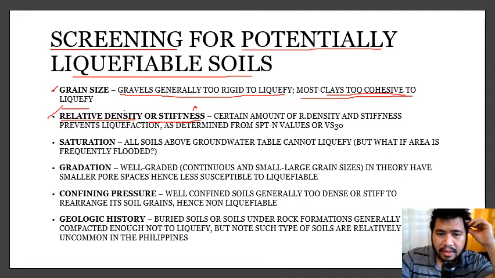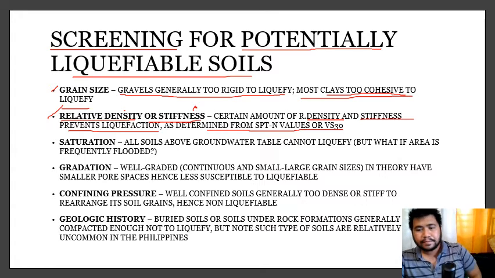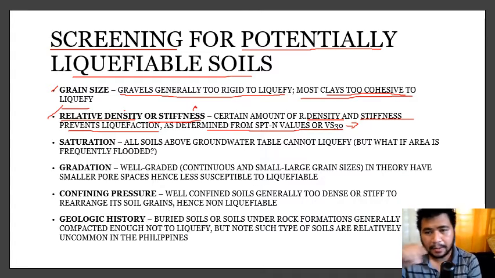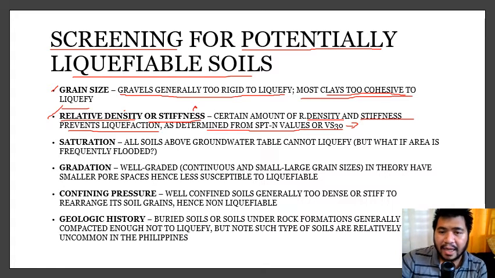If the soil is relatively dense or relatively stiff enough, it can actually be enough to prevent liquefaction, as determined from SPT and values of VS30, where VS30 is your seismic shear wave velocity for the upper 30 meters. The higher the VS30, the more stiff your soils are, or the more shear resistance the soils have.